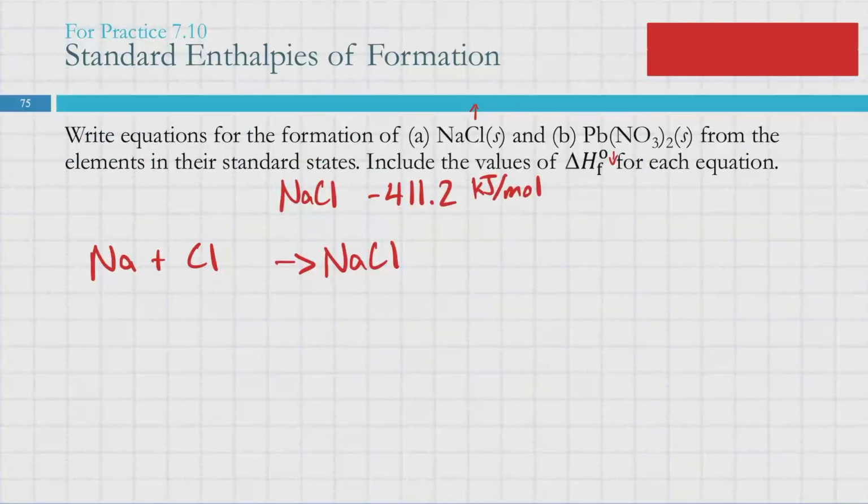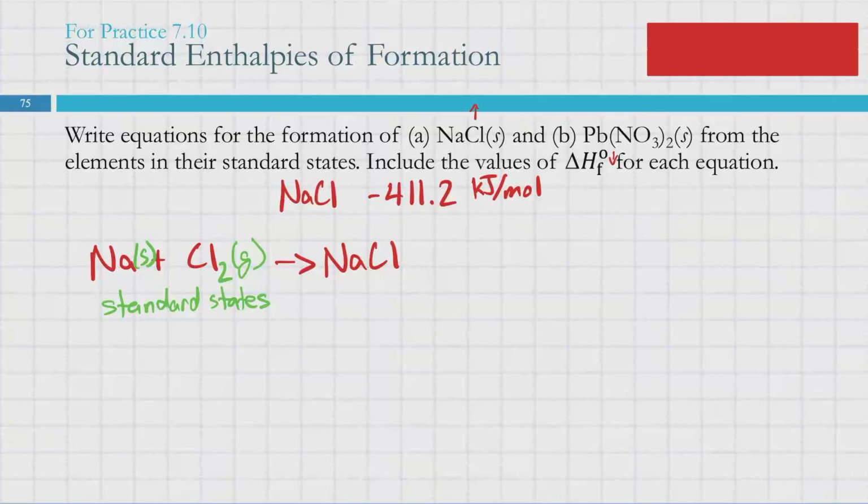So let's go make those changes. So for sodium, it's as a solid. For chlorine, it's got a subscript of 2, and it's a gas. So now we've got standard states for our reactants. Is it balanced? It's not balanced.